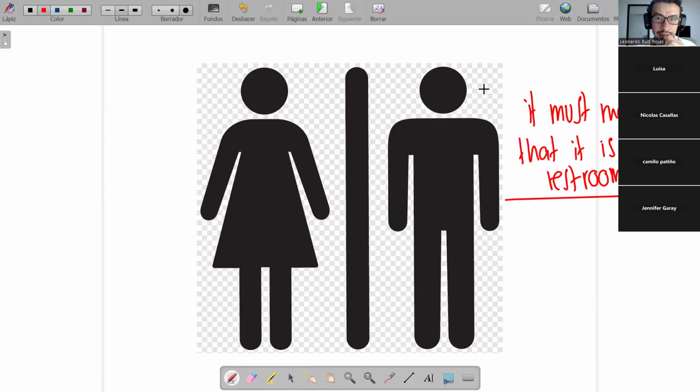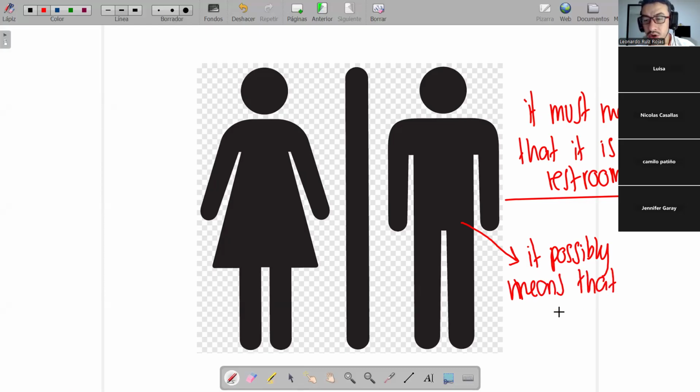Bien, excelente. Yes. But in this case, this little guy, I suppose that it possibly means that only men can enter there.